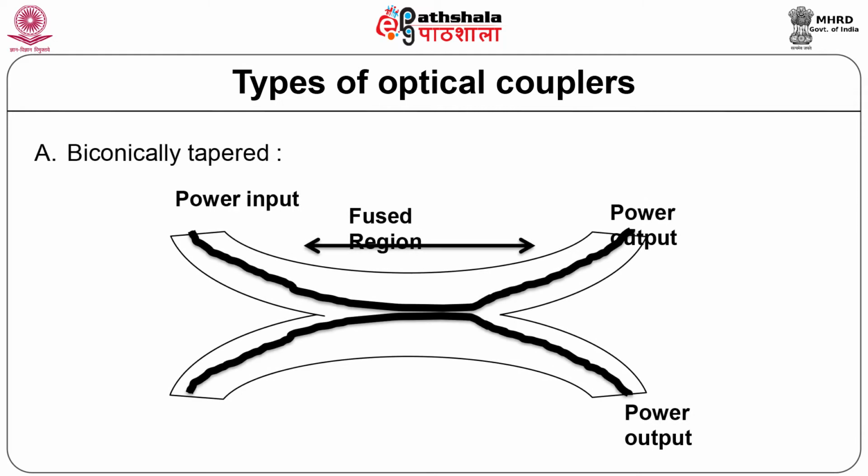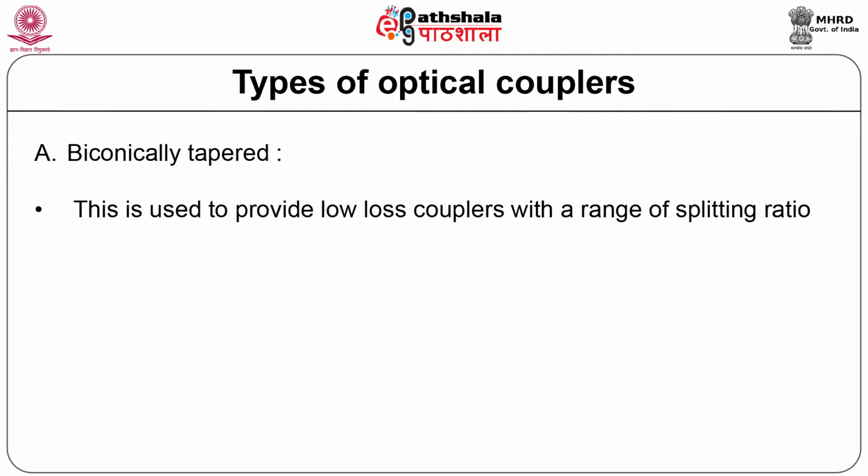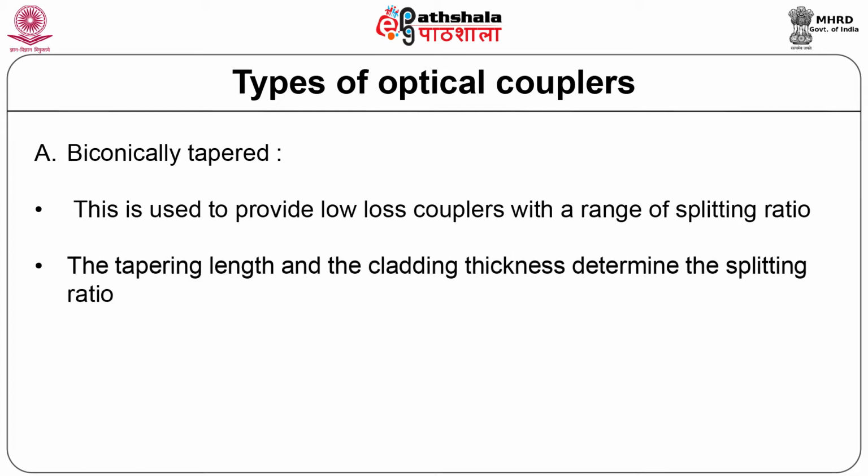The figure shows a fused biconically tapered bidirectional coupler. This is used to provide low loss couplers with a wide range of splitting ratio. Splitting ratio determines how many inputs can be combined or how many outputs the input can be split into.